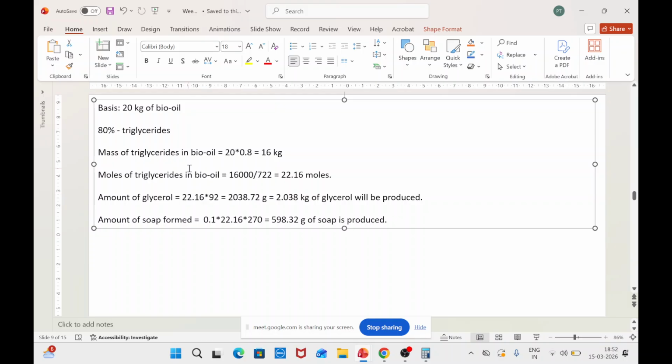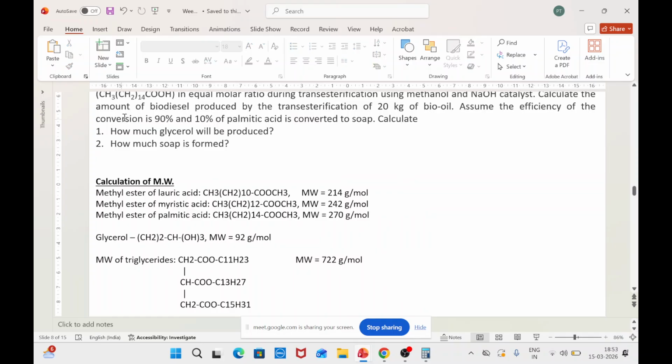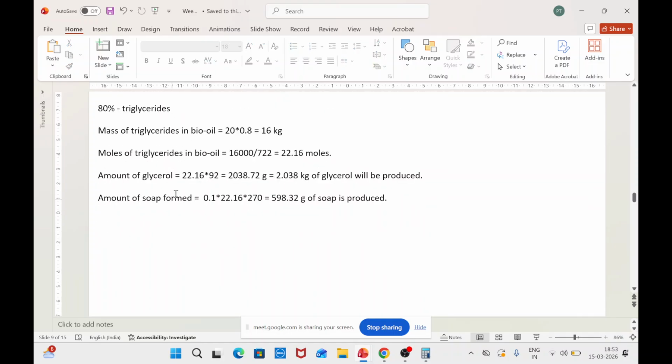When I said 1 mole of triglyceride reacts to produce 1 mole of glycerol, I assumed that the conversion efficiency is 100%. But the question says the conversion efficiency is 90 percent. So we need to make a small modification here.